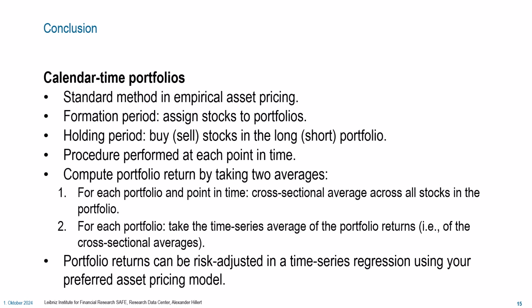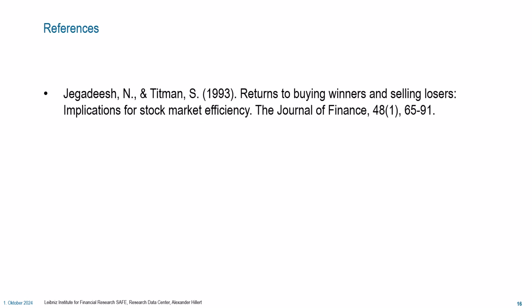If that's the case, you have a profitable trading strategy. If not, you don't. In terms of references, I just have one reference for you. It's the Jegadeesh-Titman momentum paper, which is helpful when you want to learn more about overlapping holding period returns. So what do you do if you have multiple portfolios during your holding period? How do you arrive at the average return of your strategy?